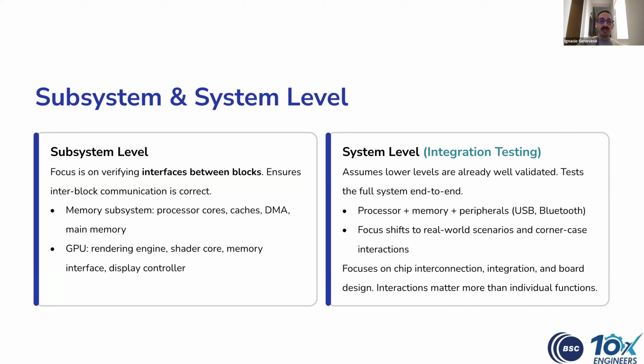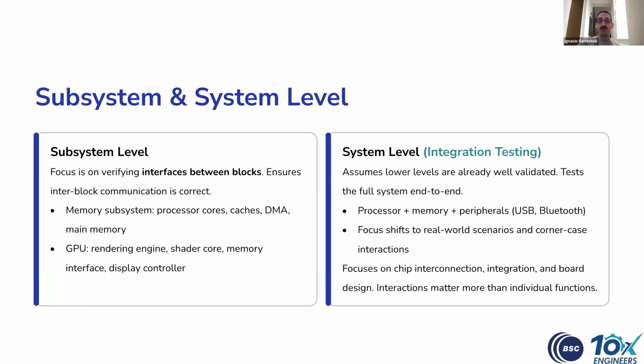And then moving on to system level, we test the full chip integration, end-to-end testing. For example, a processor plus the memory, plus the peripherals, the USB, Bluetooth, the display controller. And here the focus shifts to real-world scenarios and corner case interactions.